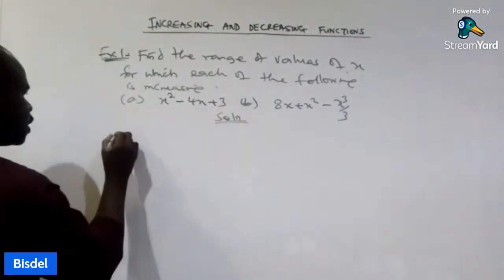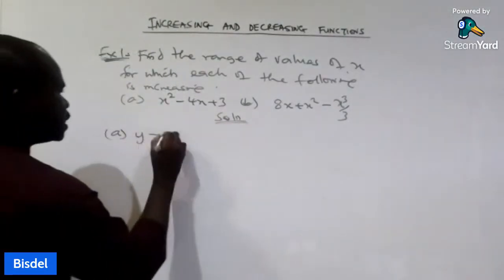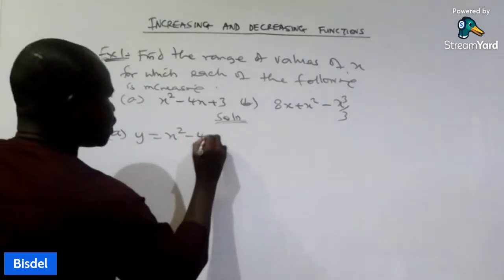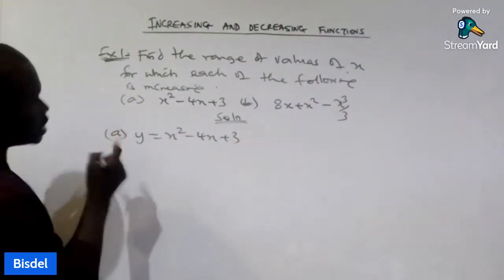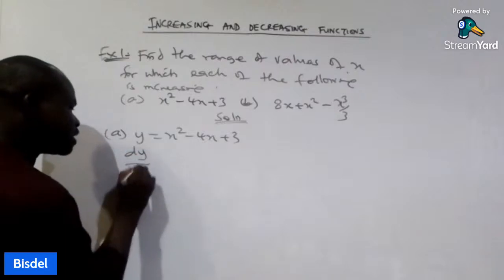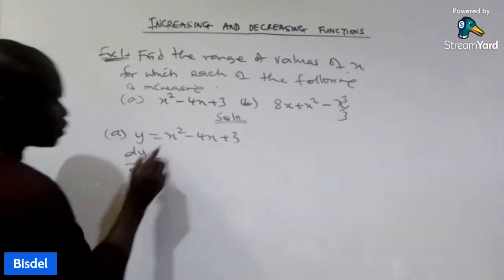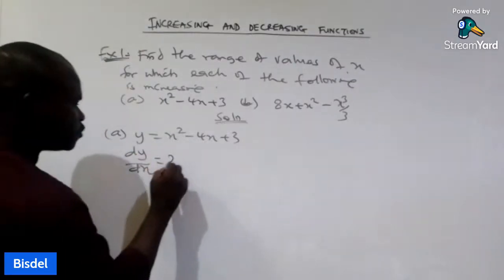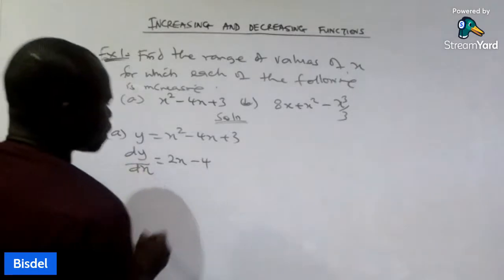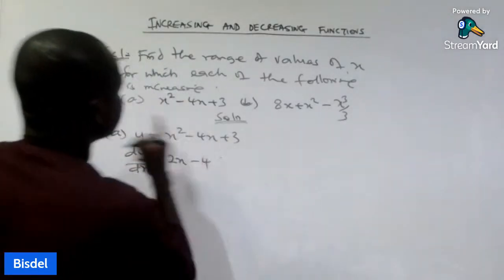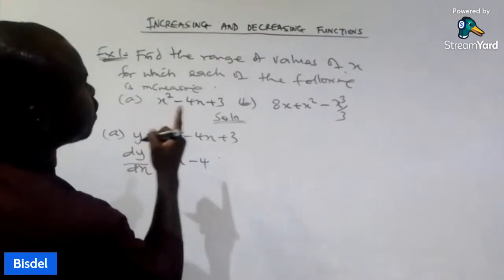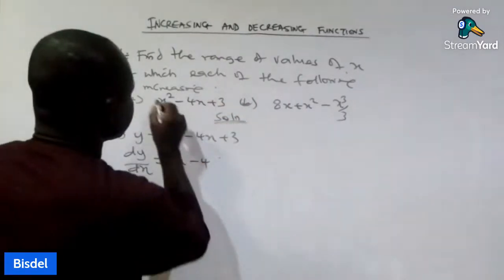Of course, if we are to do the first one, we say y is x squared minus 4x plus 3. If this function is increasing, we know that the first derivative, dy/dx, will be greater than 0. So when we differentiate this, we are going to have 2x minus 4. We have to find the range of values of x for which this function is increasing.